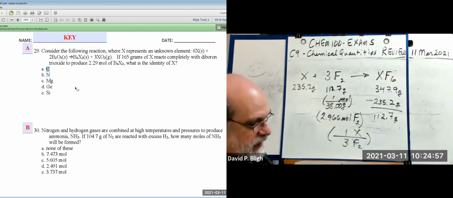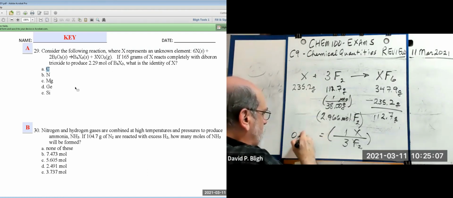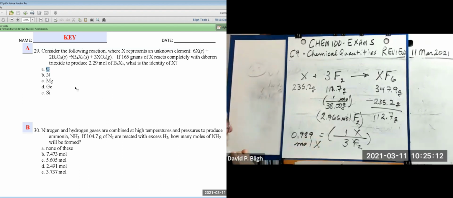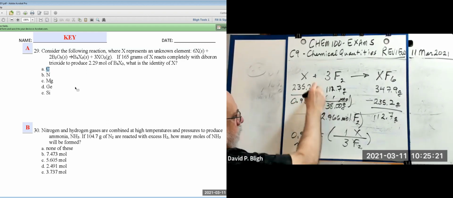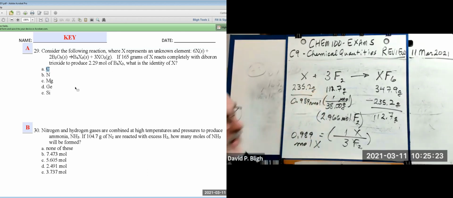Divide 3 into 2.966. 0.989 equals 0.989 moles of X. So grams per mole would be 0.989 into 235.2. 238.